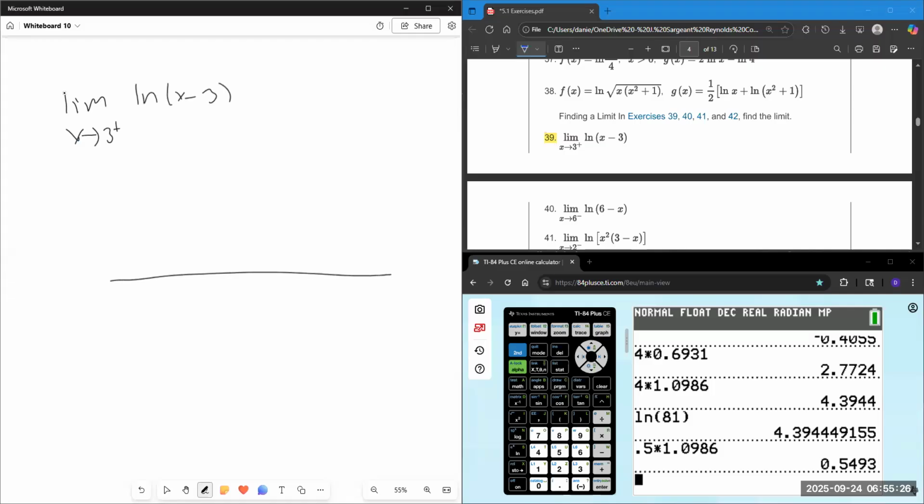Let's take a look at what that graph would look like. 1, 2, 3, there's our vertical asymptote. 1 to the right of that will be 4, and that will be my x-intercept, and I'll be going this way and this way. So as I approach 3 from the right, I'm going towards negative infinity.